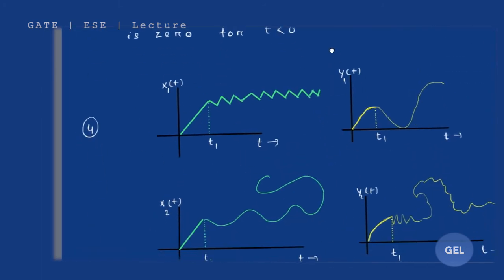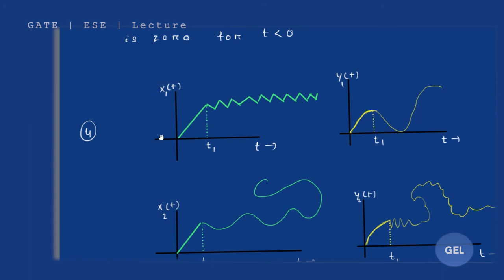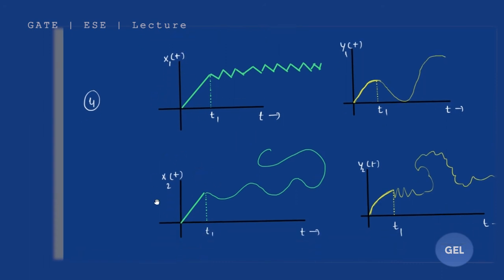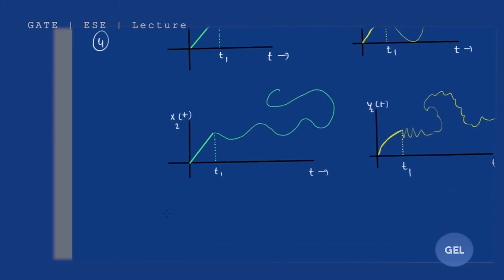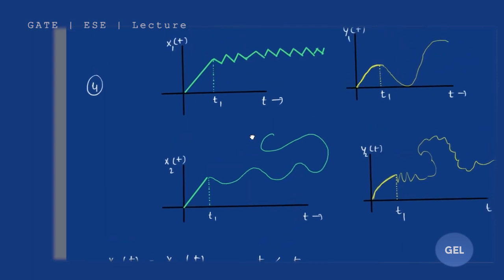Now the fourth point is very important. Look here, fourth point. If there is one input called x1(t) and another input called x2(t), and the behavior of x1(t) for t less than t1 is equal to the behavior of x2(t) for t less than t1. That means x1(t) is equal to x2(t) for t less than t1. Listen to this carefully.